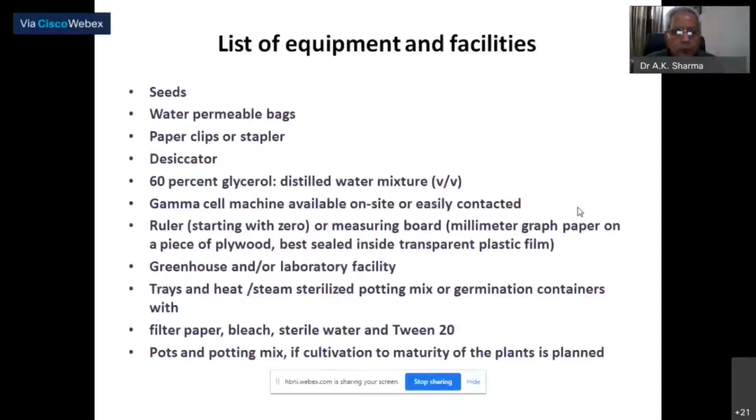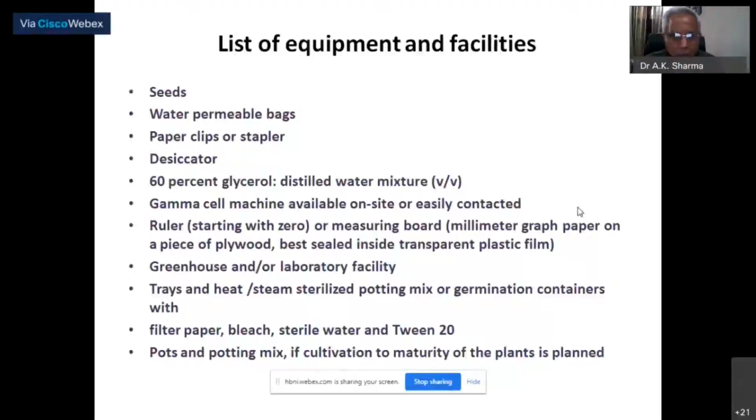Now, normally, whenever you are going to do some experiment with, say, mutation breeding, there are a number of things that you require to carry out a simple experiment in a laboratory. So you need seeds, you need water permeable bags, you need paper clips or stapler, desiccators, then you need 60% glycerol distilled water mixture, which is just to manipulate the humidity. A gamma cell or a gamma chamber should be available.